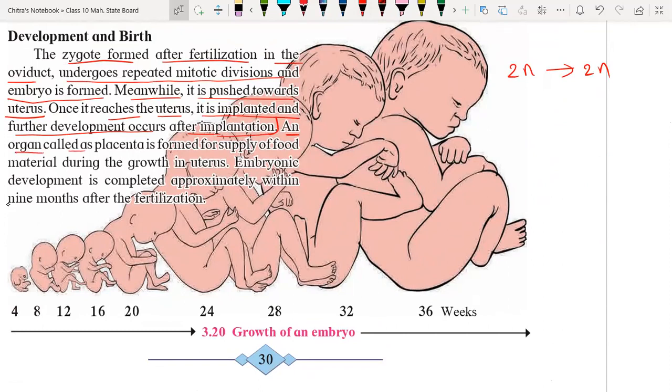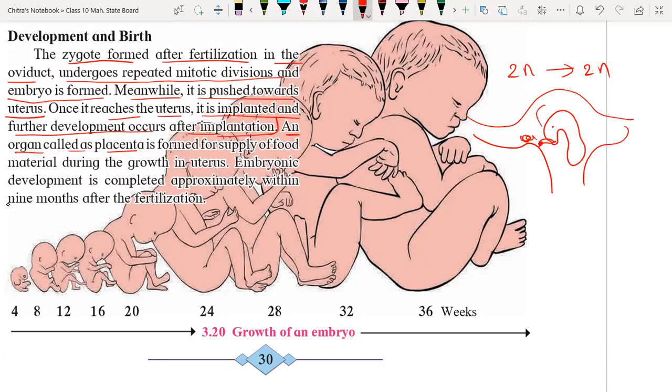An organ called the placenta forms. Suppose this is the wall of the uterus. Once the baby is implanted here, it is attached with the placenta, and here the development of the baby takes place.